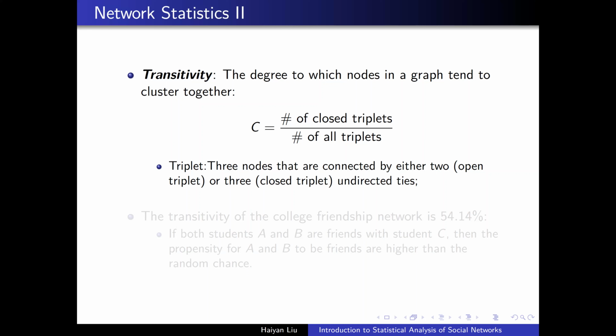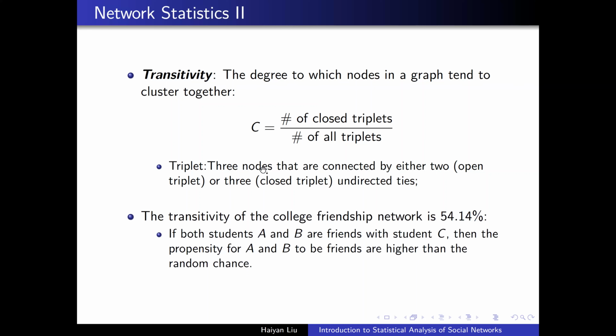Now, when we have a larger transitivity, it means that if 2 actors connect to the same common actor, then those 2 actors also tend to connect to each other. So this reflects the transitivity of friendships. In the college friendship network, the transitivity we obtained is 54%.